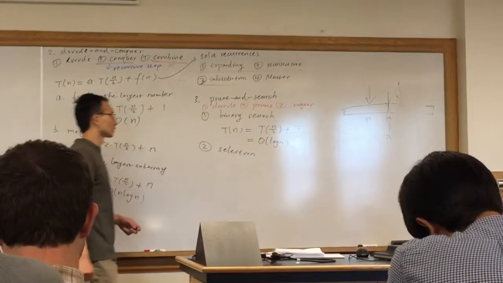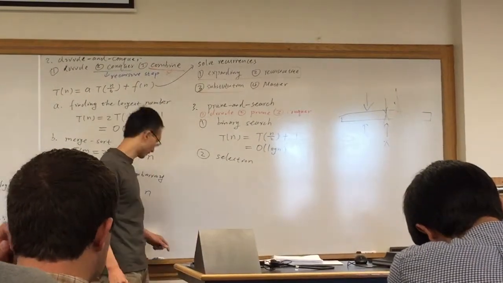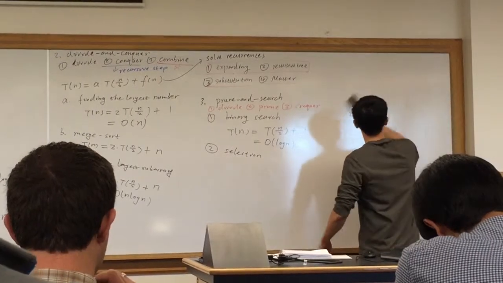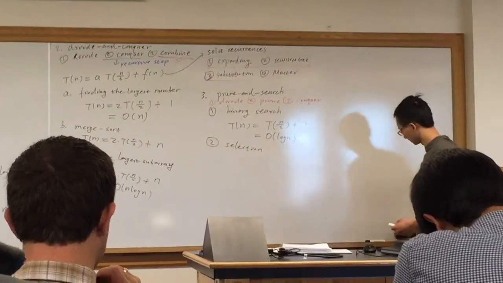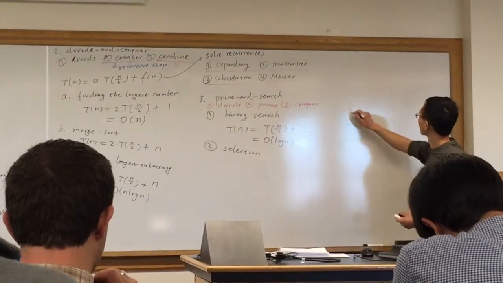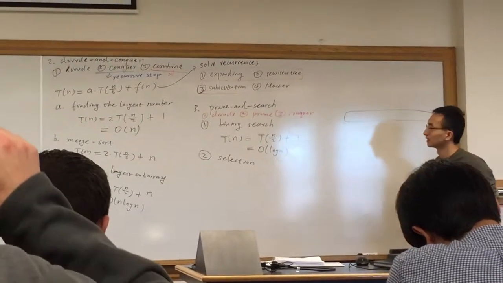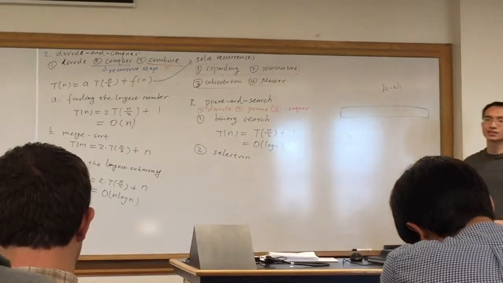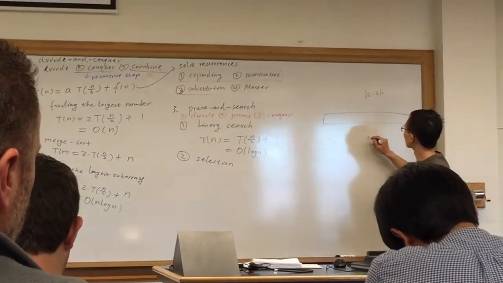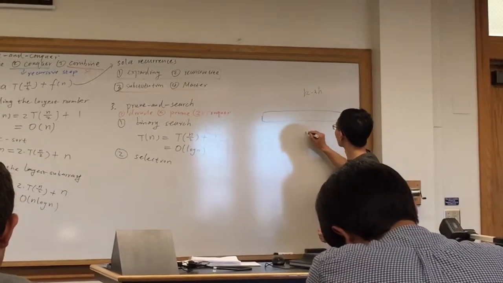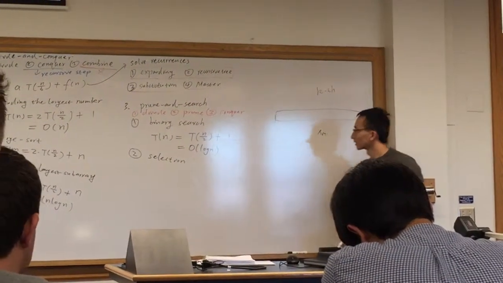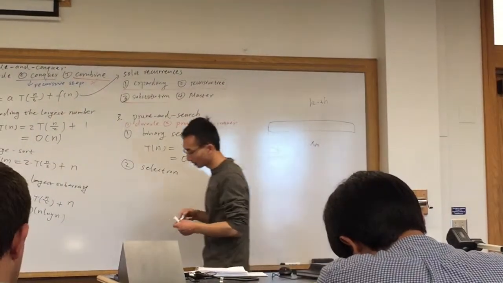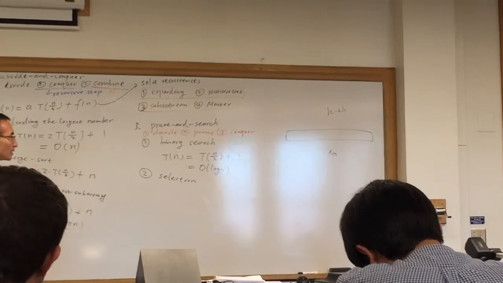So again, we have an array, and we want to find the kth smallest number. Ideally, we want to pick the median. Let's say I call it x, the median, and then compare with k, and we can prune half of them.